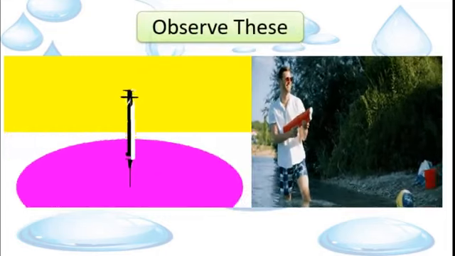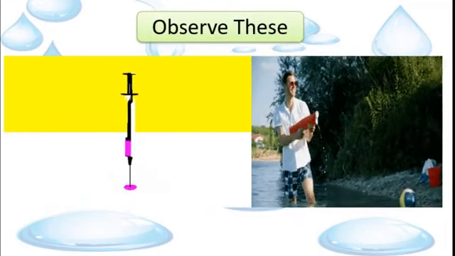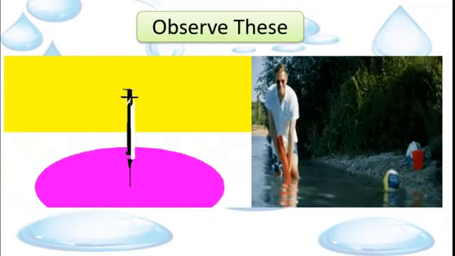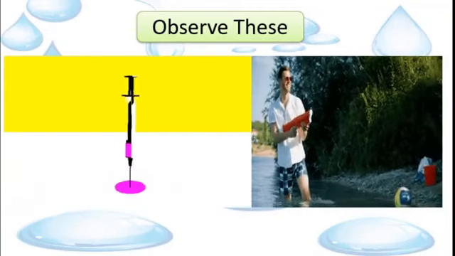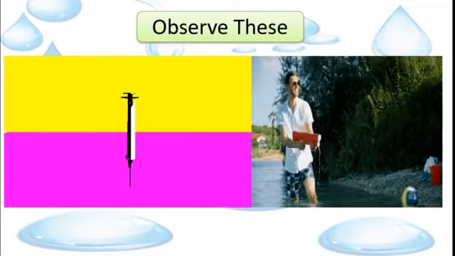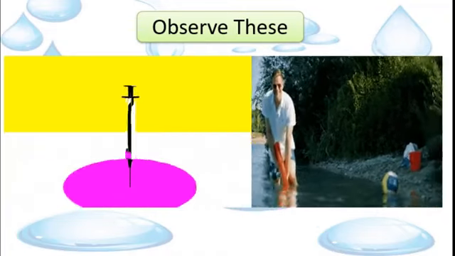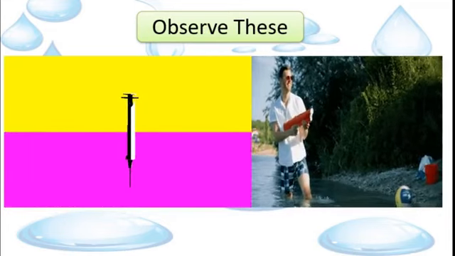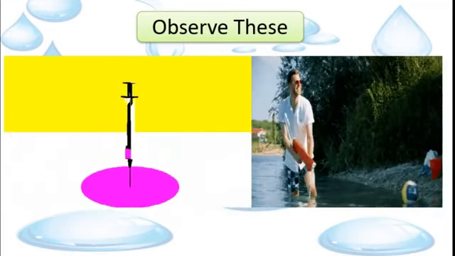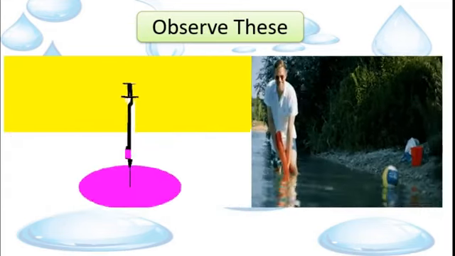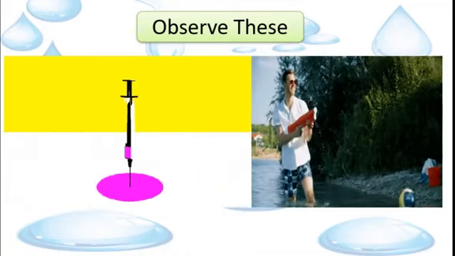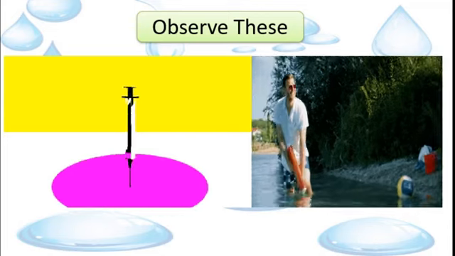When the piston goes up, the medicine goes inside, and in the second one, when the piston goes up, the water enters the gun or the pump. Means in which direction does the water flow? Yes, of course, the water is flowing in an upward direction.